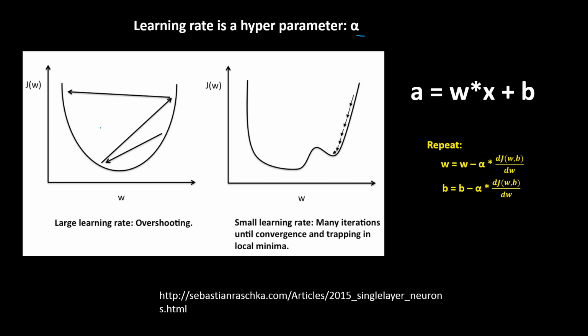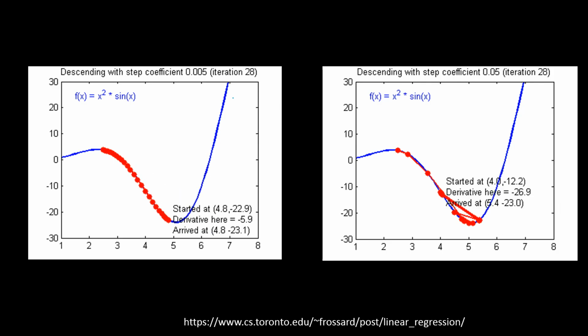It will never converge, and in some cases it will overshoot also. And if we choose a small value of the learning rate alpha, the updating of our parameters w and b will be very slow. It will take very small steps, and if somewhere there is a local minimum, there is also a chance that it may get stuck there. Okay, so we have to choose a very good value of alpha, the learning rate. So this is one animation here.